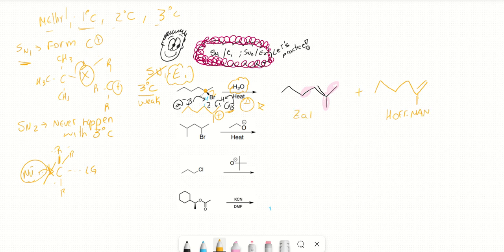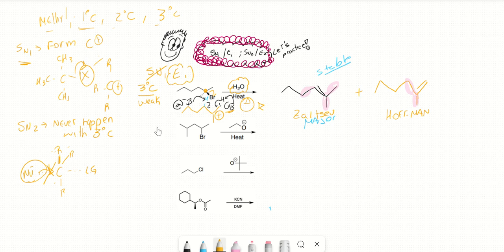This is the Zaitsev, and it will be the major product because it is more stable. That is E1, with a weak base. Of course we can have both products, but Zaitsev is the major, with more substitutions. Okay, let's go to the second one.